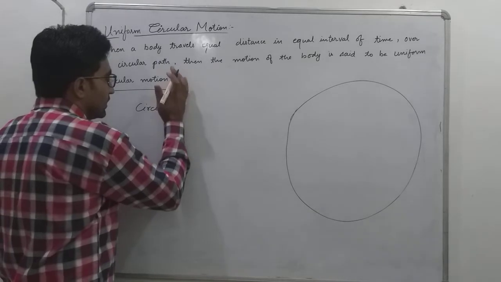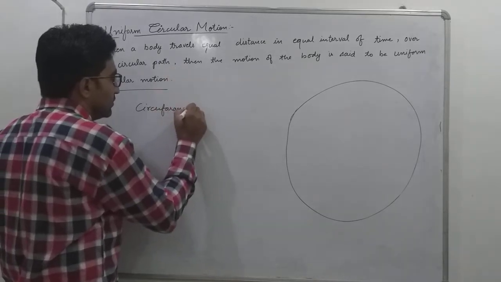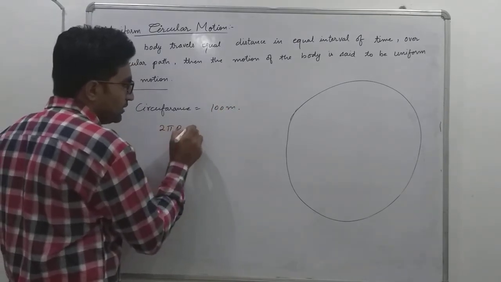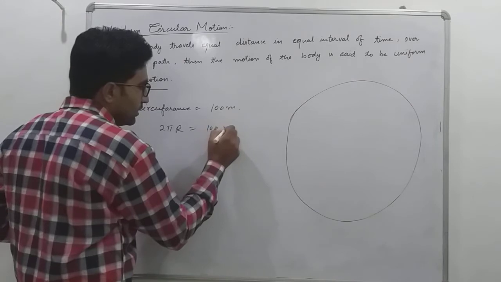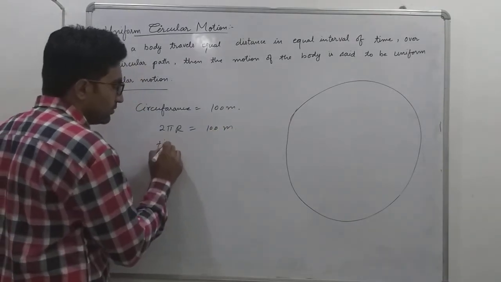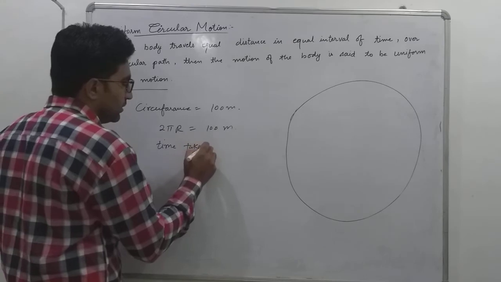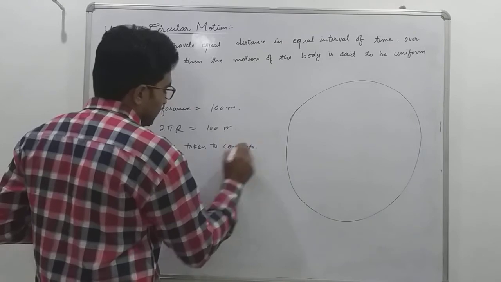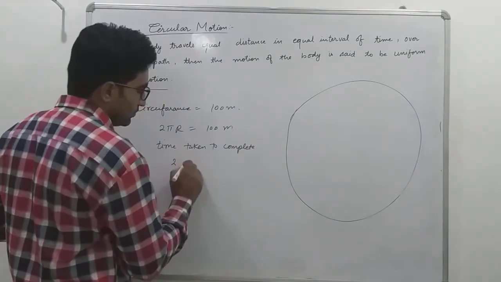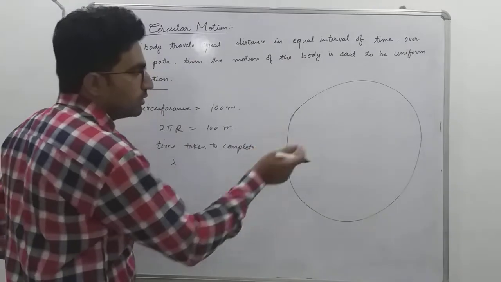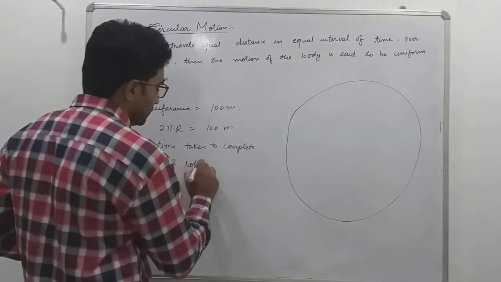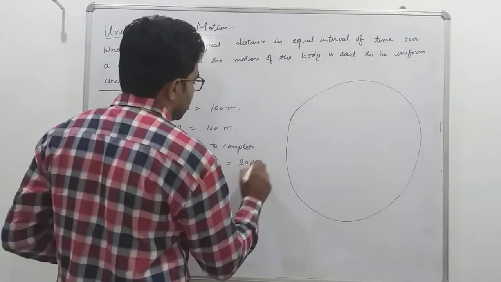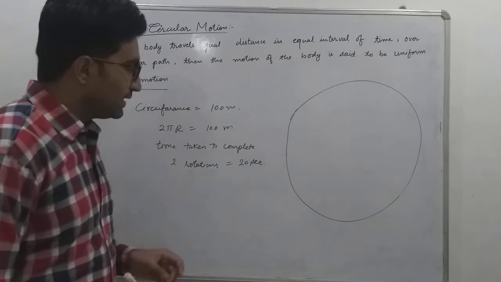The circumference is 100 meter here. So we can put 2 pi r equal to 100 meter, and the time taken to complete two rotations is 20 seconds.